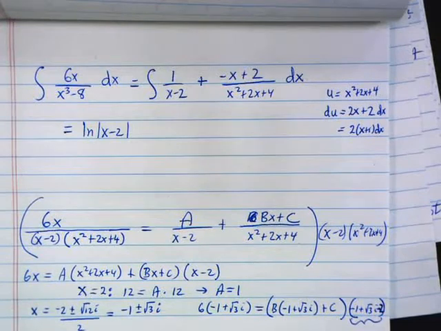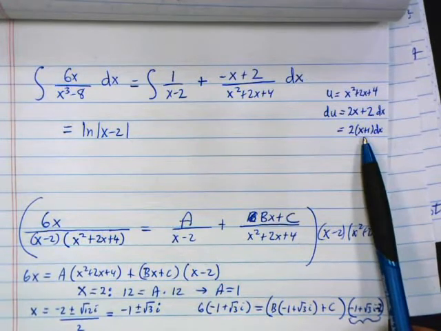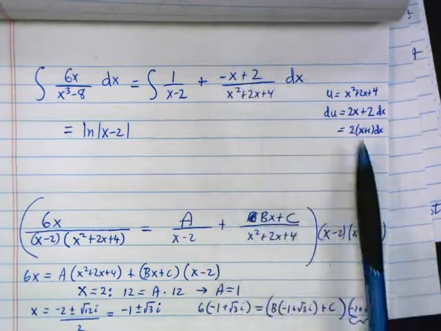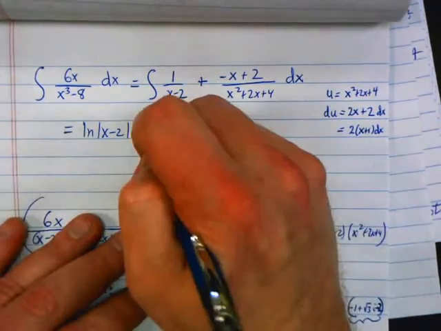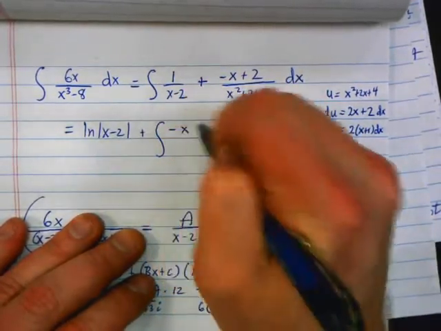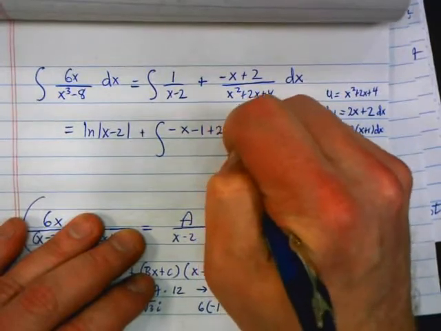What if? I really wish I had an x plus 1 on top, because even an x plus 1 would work, wouldn't it? Right? So I'm going to rewrite this top as negative x minus 1 plus 2 plus 1.